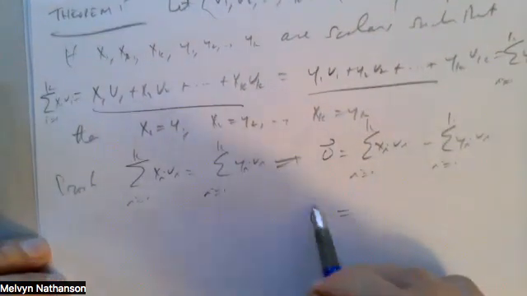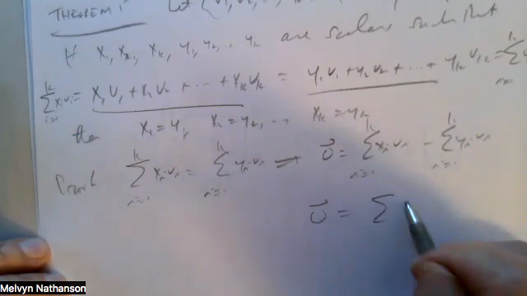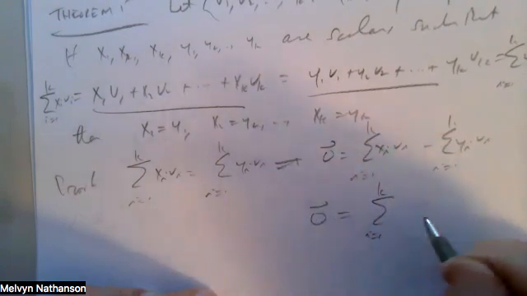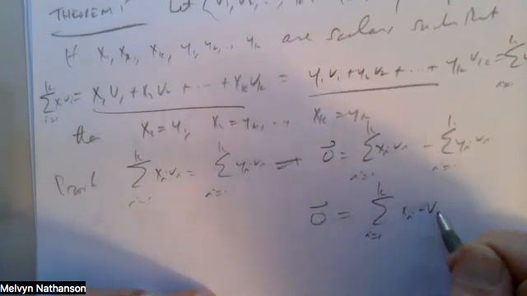But this difference can be written as the summation of (xi minus yi) vi.